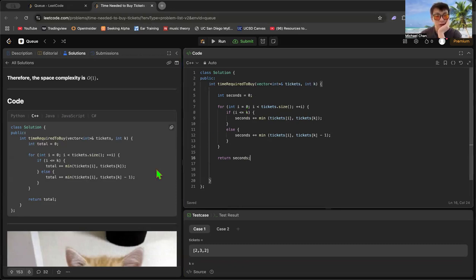If i is smaller than k, sure, then I'll take the minimum of tickets i and tickets k, because that's one person each, right?